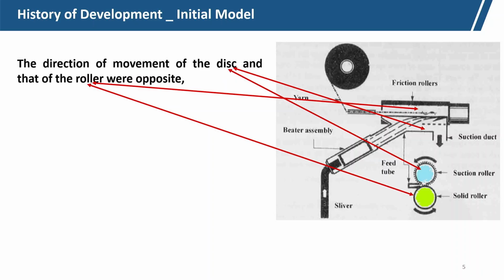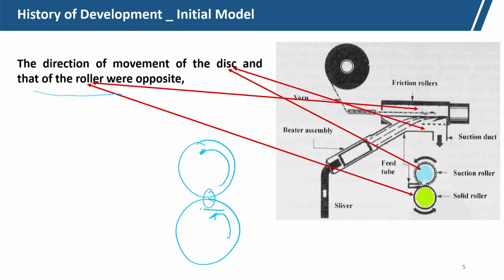Now, try to see the direction of movement of the disc and that of the roller were opposite. So, here you can see although they are moving in the same angular direction, their direction of motion at the nip point is different: the bottom one is moving from right to left and the top one is moving from left to right.